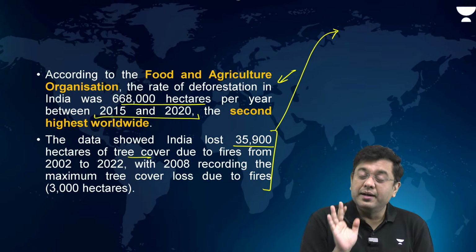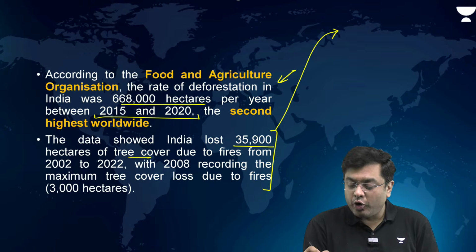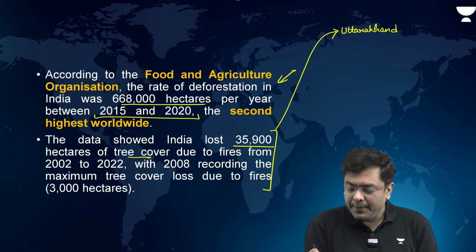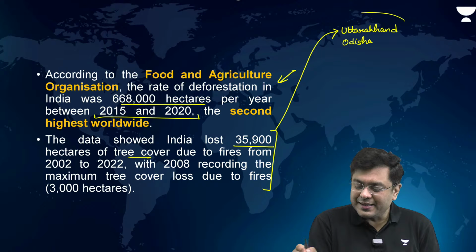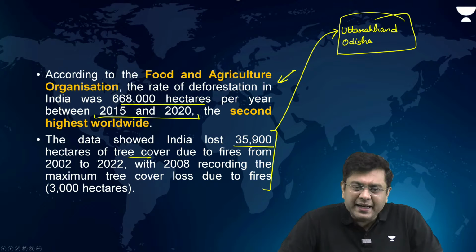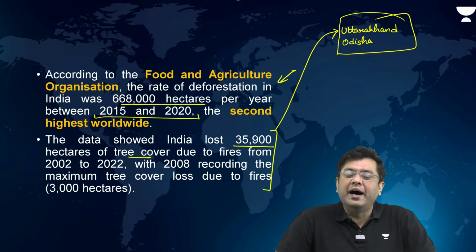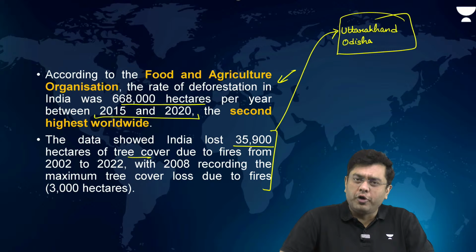So, as the India State of Forest Report has indicated, you have the states of Uttarakhand, then you have Odisha, right? These are the major states where forest fire events have been massive, and other than that, you also have the region of Chhattisgarh. There also are a lot of forest fires.